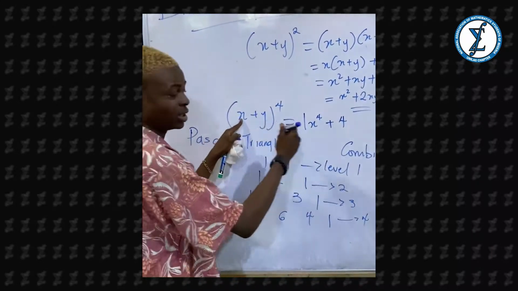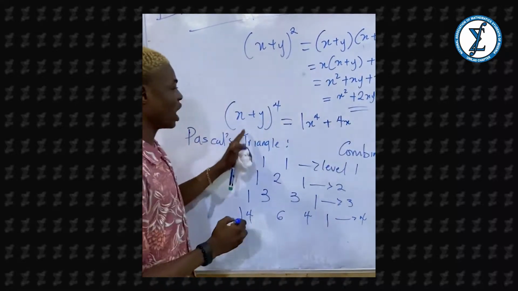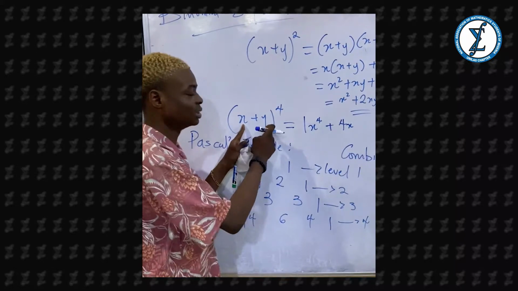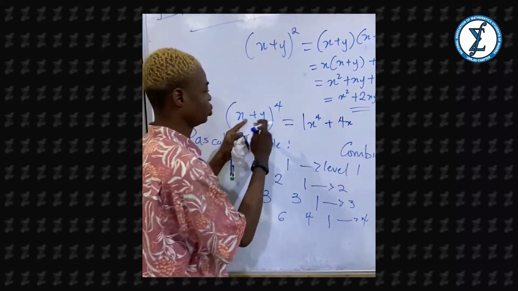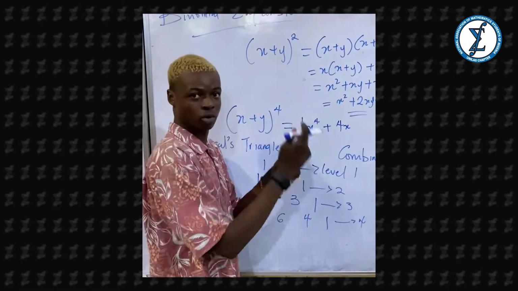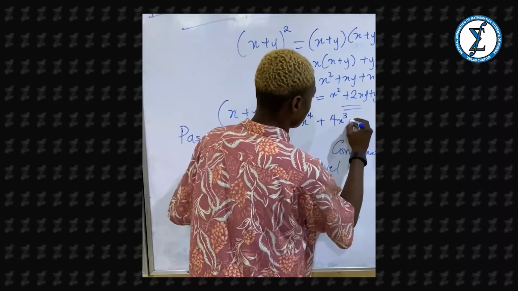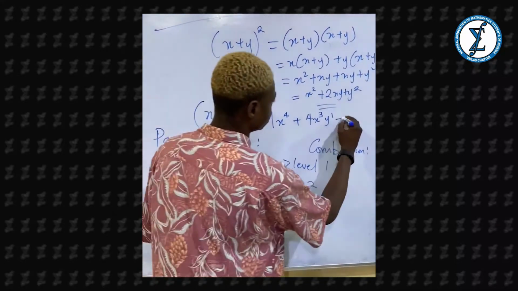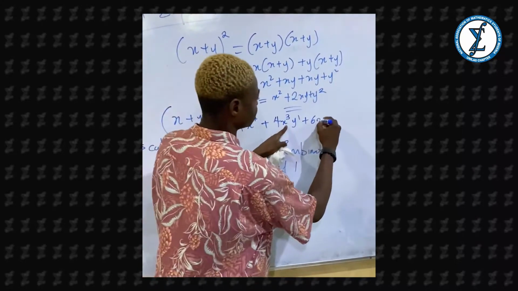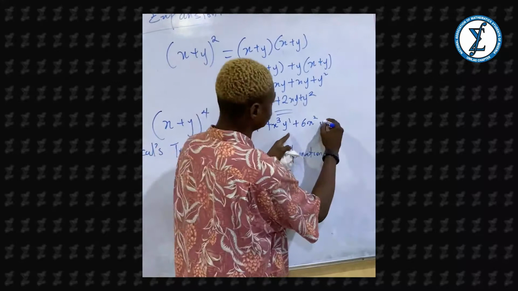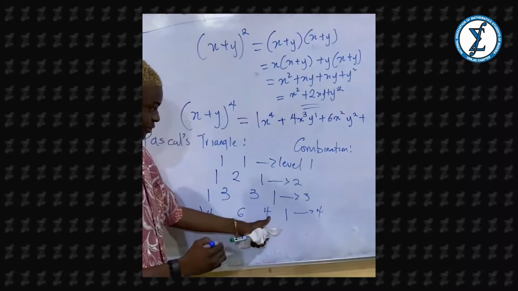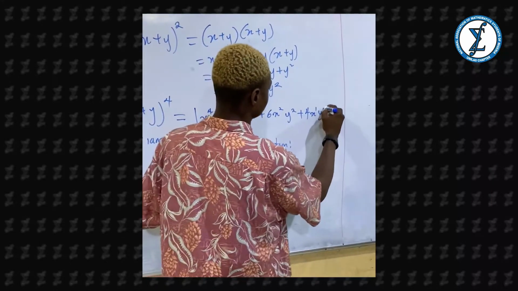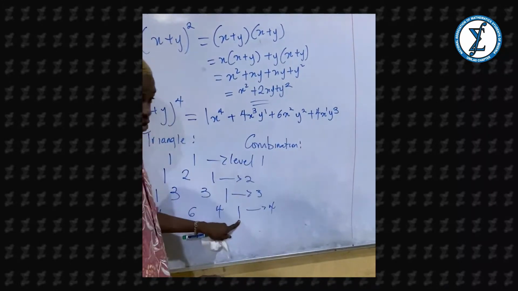The first variable again, x. But as you proceed, you reduce the power of this by 1 and increase the power of y by 1. So here we have x raised to the power of 4; if you reduce it by 1, you have x cubed y raised to the power of 1. Then the next number, 6, x squared y raised to the power of 2, plus 4 x, that's x to the power of 1, y raised to the power of 3, and lastly you have 1.